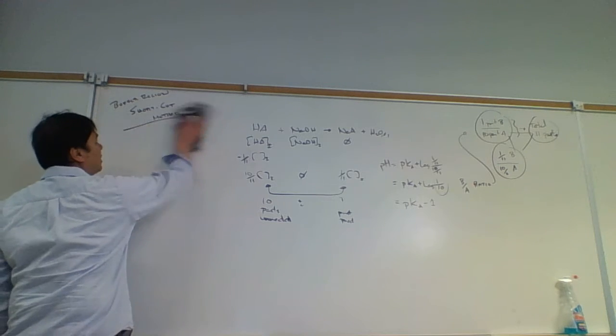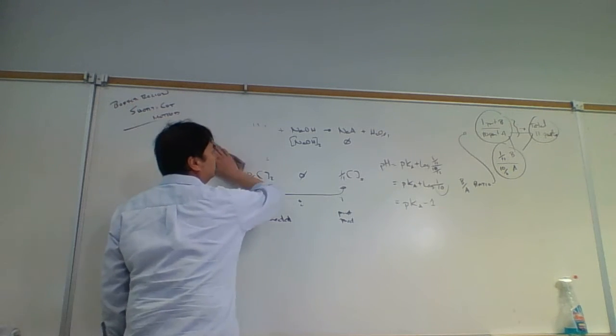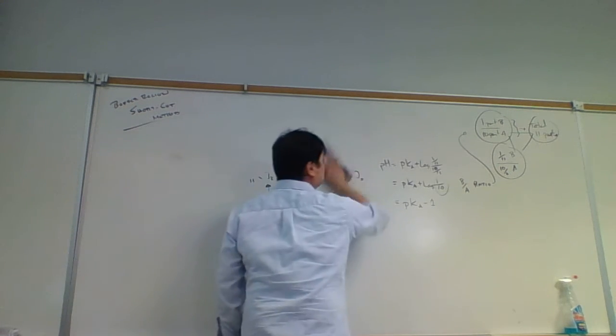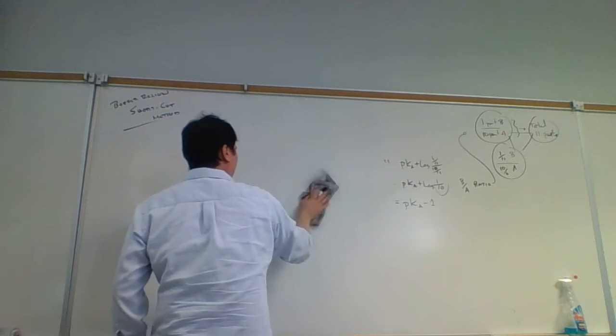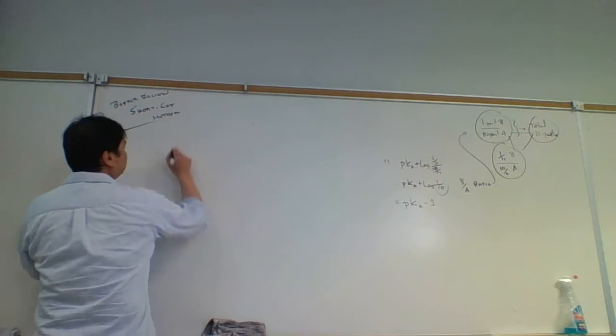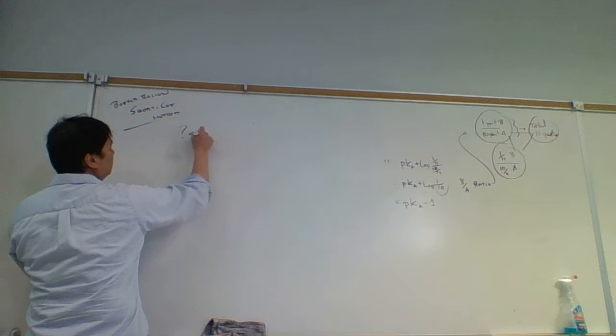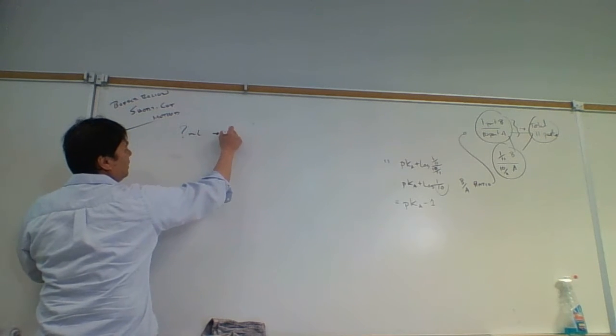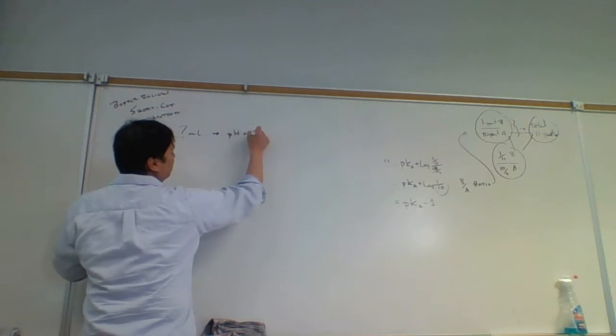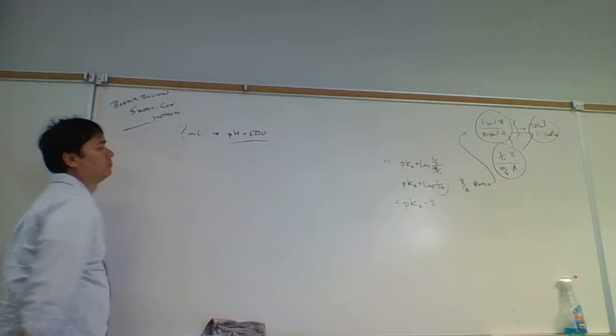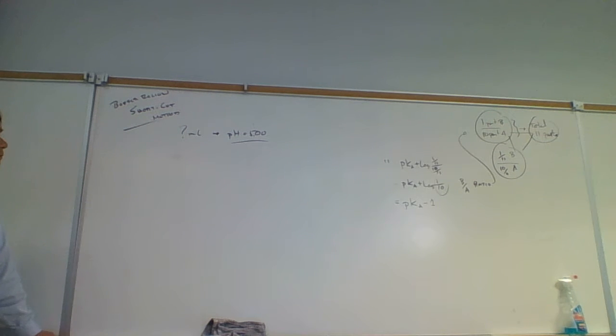Let's do the next calculation. The next calculation is going to be at how many milliliters will I get to a pH of 5.00? Well, pH of 5.00, where is that in the titration curve?